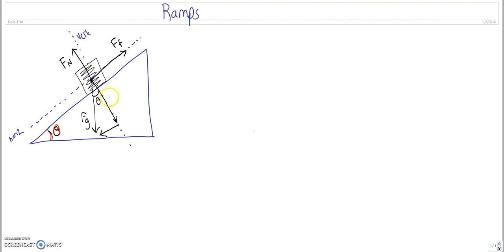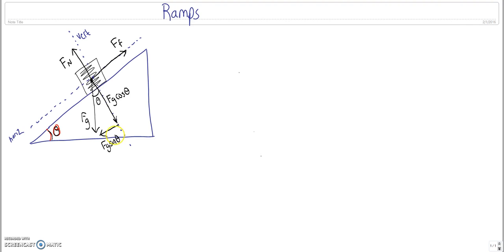Now, these two components: this is the force of gravity, and because that's touching our angle theta, that's going to be Fg cosine theta, and this is Fg sine theta. It is opposite of our angle theta. Once you have this set up, if you can remember how to set this up like that, it makes the problem so much easier.